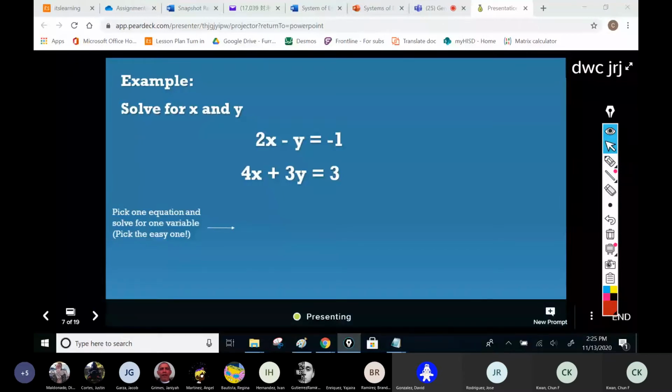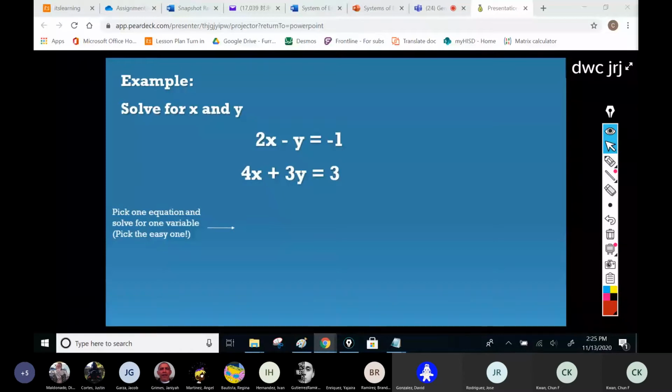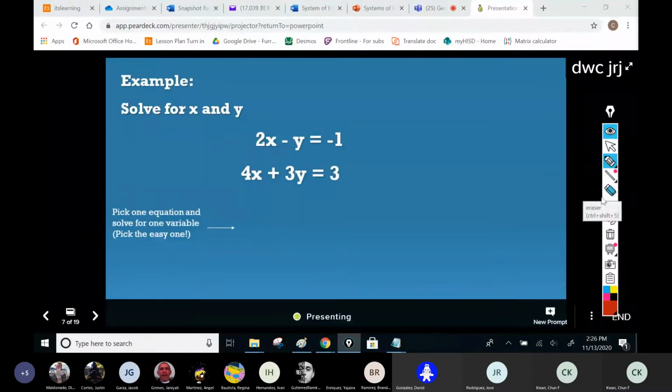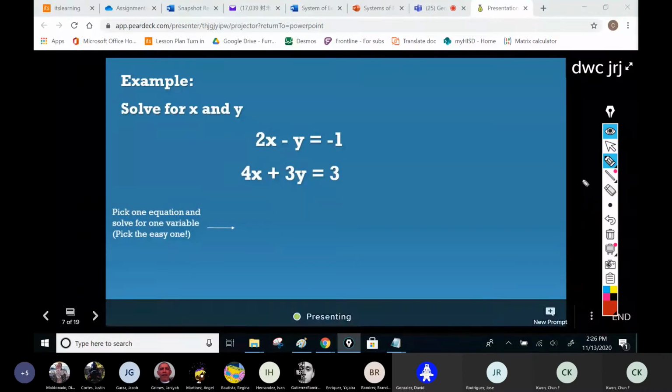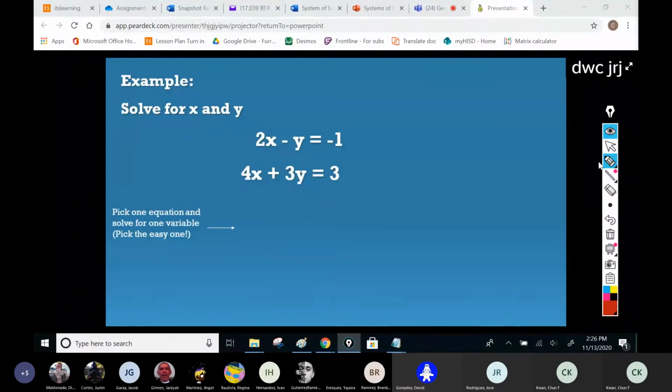Tell me which one should I do. All right, Yajira says the first equation. Okay. First equation, which variable, x or y? Should I pick x or should I pick y from the first equation?